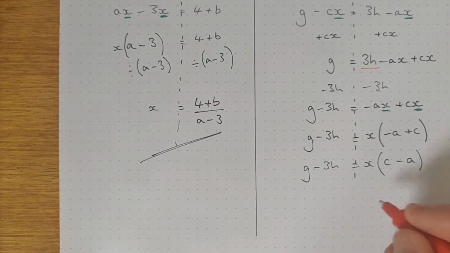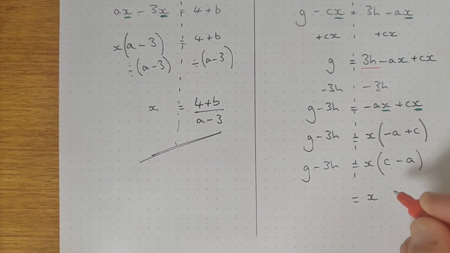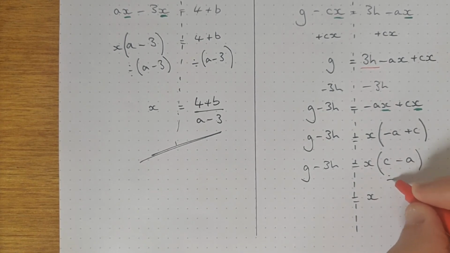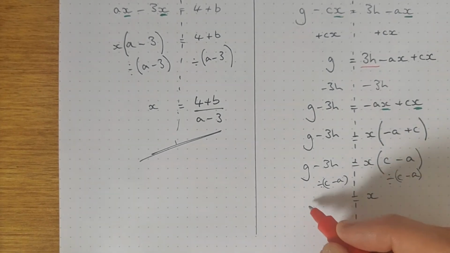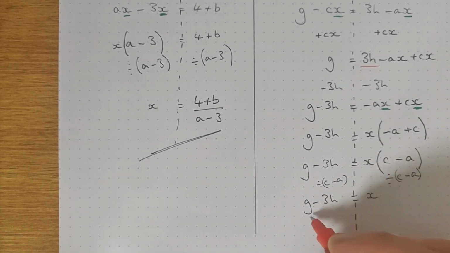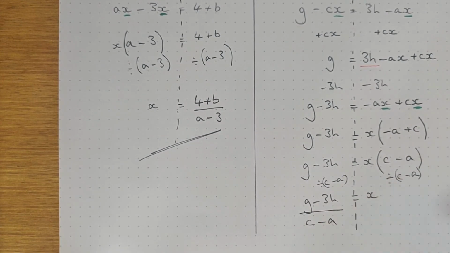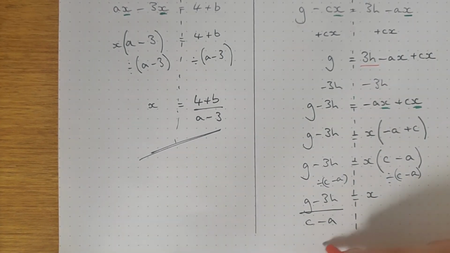And now I want to isolate this x. I'd like x to be on its own. To do that, I'm going to divide by c minus a. That will give me g minus 3h, all divided by c minus a as my final answer.